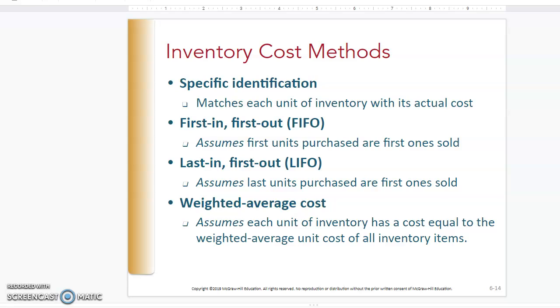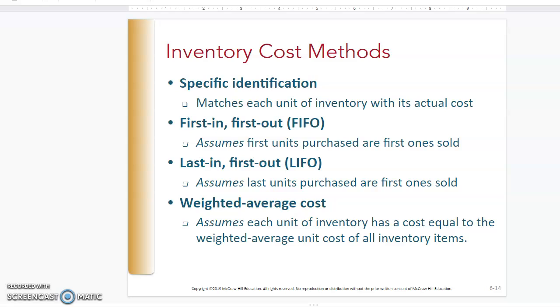The other 3 methods are the ones we're going to focus on, and these are used for items that are more homogeneous, more like each other. So if we're selling shoes, most shoes are going to be similar.